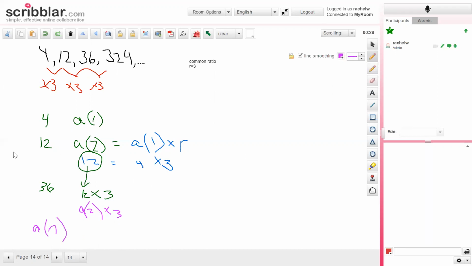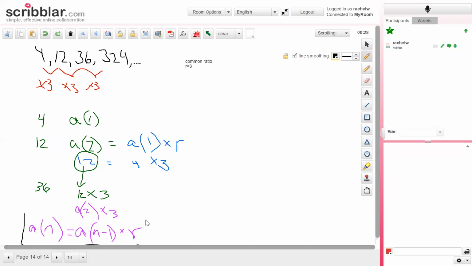So if I was to say we're finding the nth value, we'd say A of n equals A, and since it's the previous term, we say it's the nth term that we're looking at minus 1, because we need to go backwards one term and multiply that by R, the common ratio. This is the formula for a geometric sequence, the recursive formula, that is.